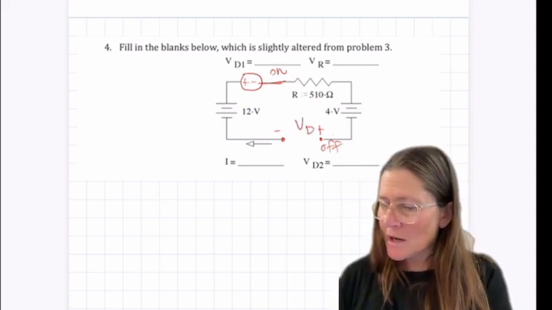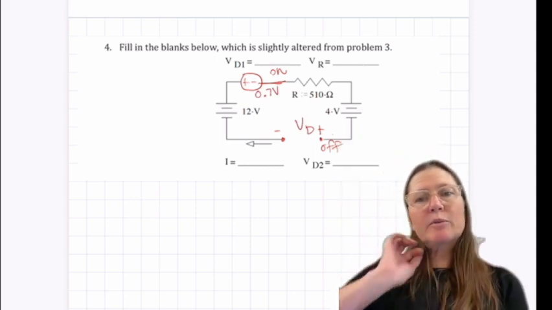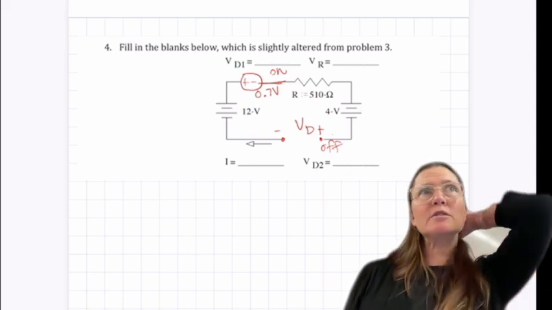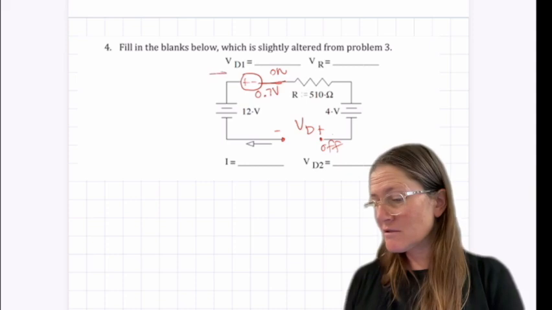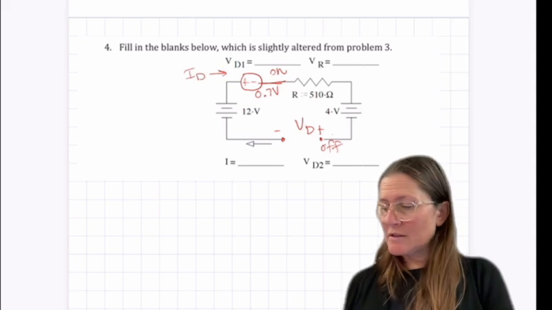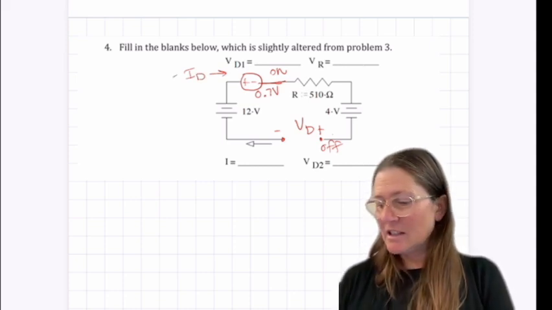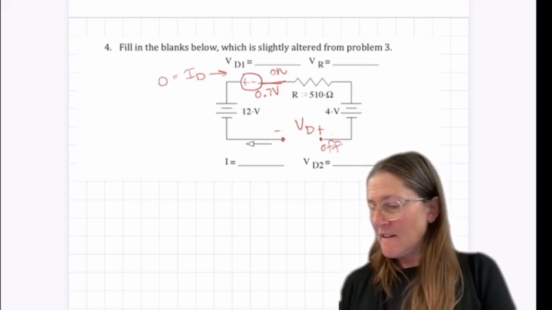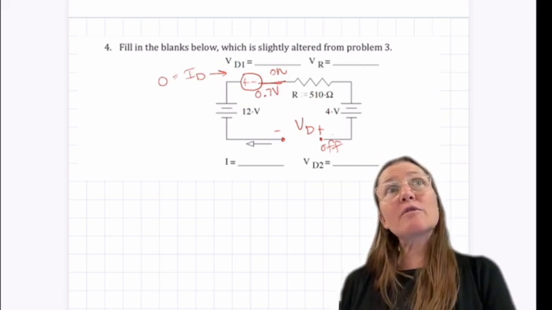So using 0.7 volts because it wasn't given to you, assume that drop and then solve for the current going through that, and then solve for VD.